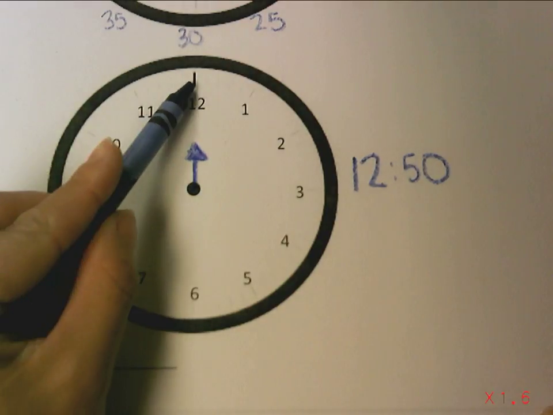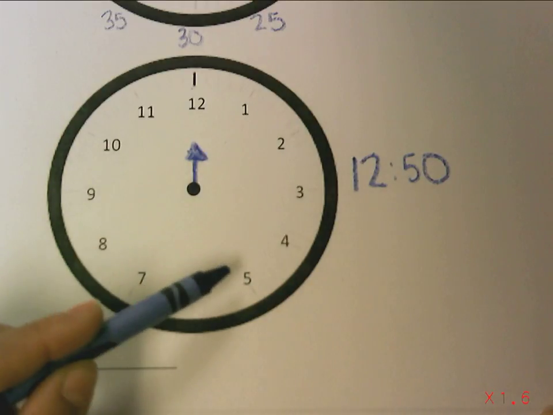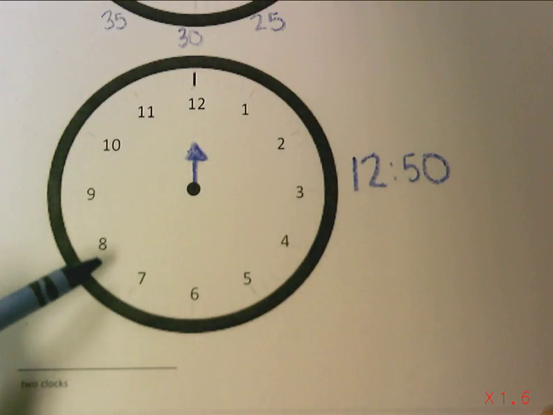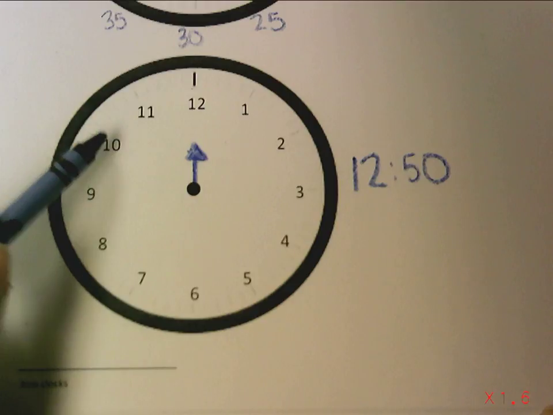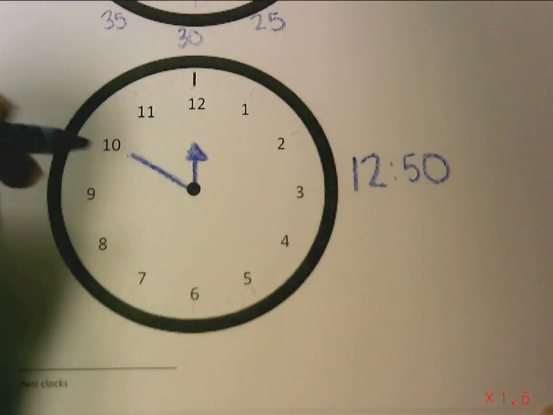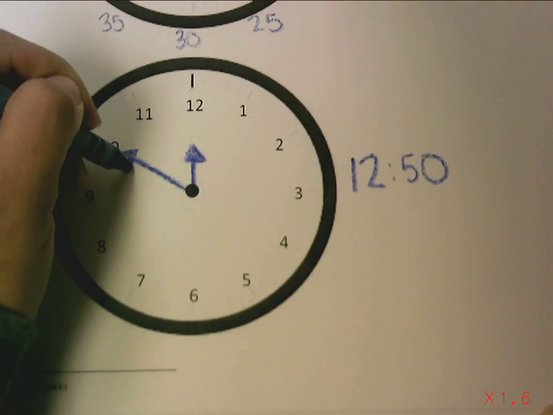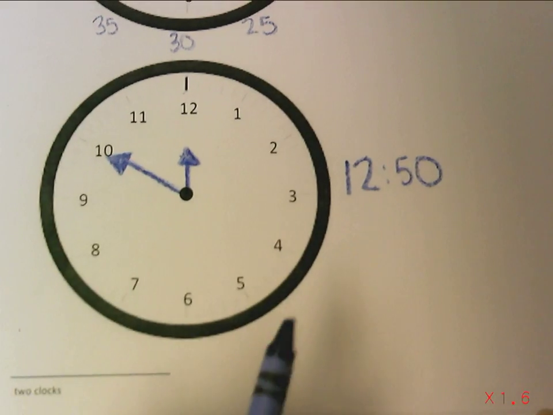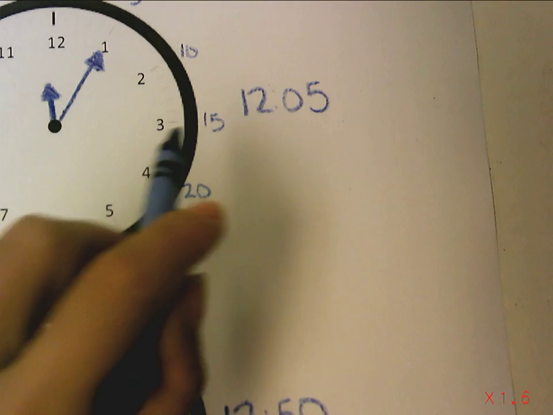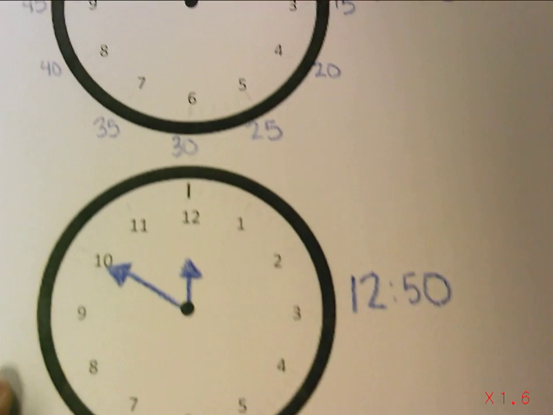So I start with 0 and I go 5, 10, 15, 20, 25, 30, 35, 40, 45, 50. Well, here's 50. So my minute hand is pointing to 50. There we go. We go to lunch at 12:05. We get out of school at 12:50, and you can see both of those times here on our clocks.